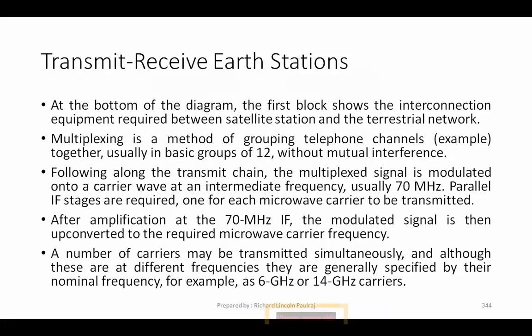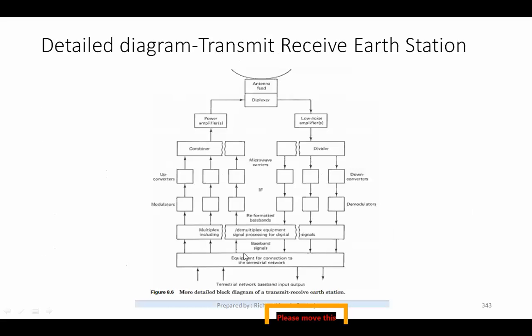Right. So at the bottom of the diagram, the first block shows the interconnection equipment required between satellite and terrestrial network. So here, this diagram is what we are talking about. Here is where the connection happens to the terrestrial network. So what is this connection to the terrestrial network?